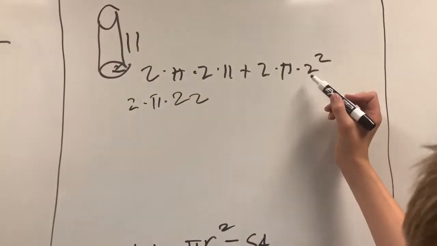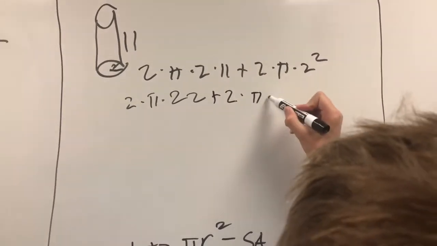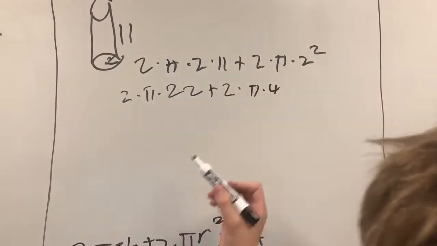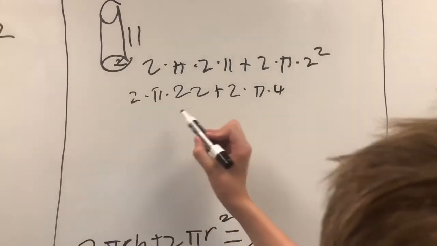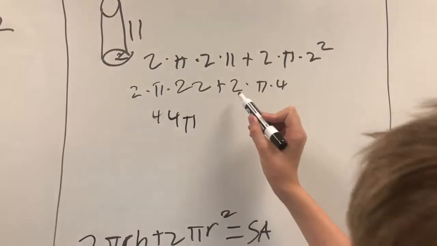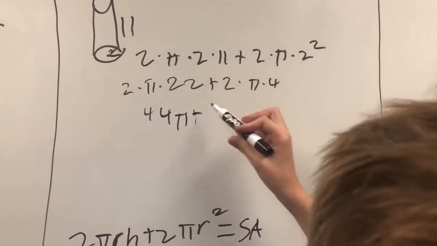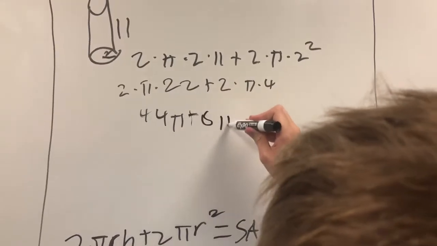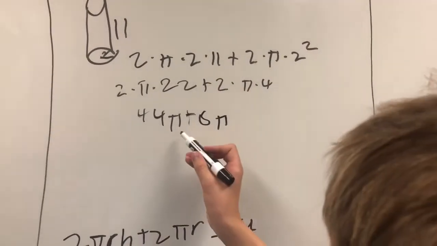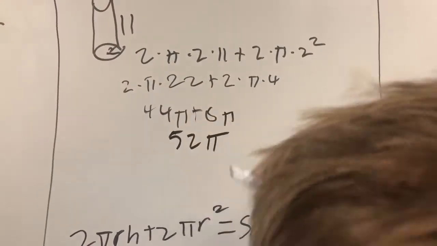And if we square 2, we get plus 2 times pi times 4. So then we can multiply 2 times 22 and get 44 pi. Then we can multiply 2 times 4 and get plus 8 pi. 44 pi plus 8 pi is 52 pi.